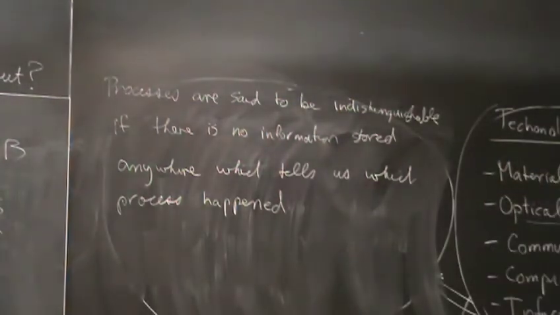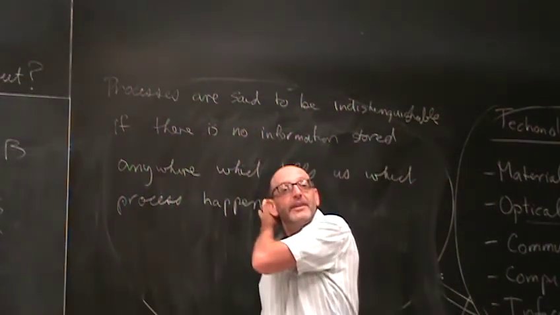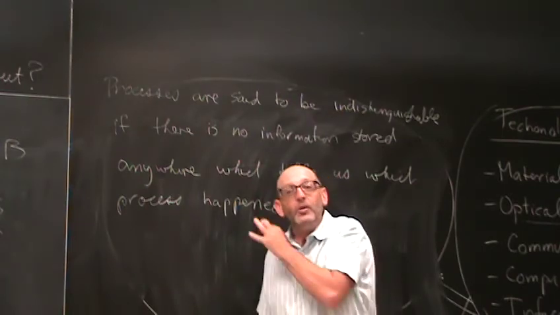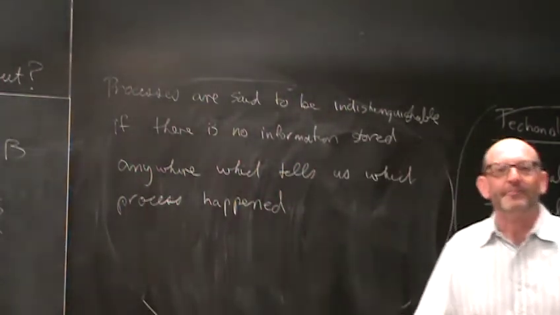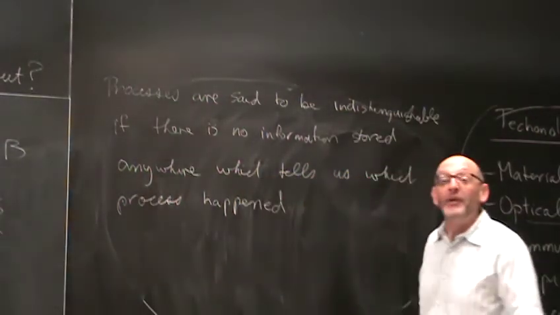So if, in principle, there is something that tells which of these processes happened, then the processes are no longer indistinguishable. And in that case, they no longer interfere.